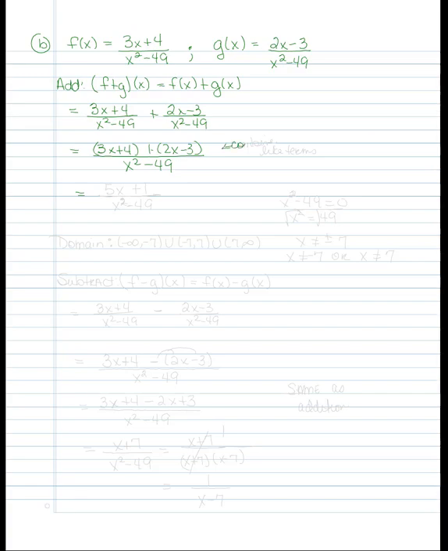Combine like terms. So we have 3x plus 2x. That gives us what, 5x? And then we have 4 minus 3, which gives us 1, all over x squared minus 49.